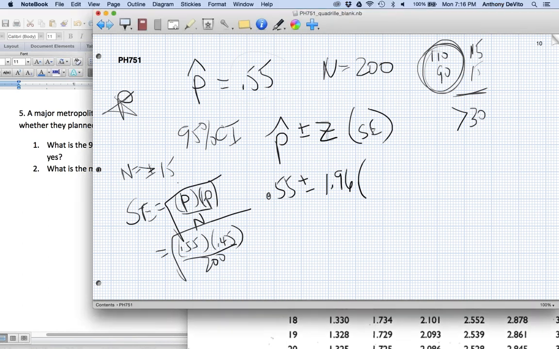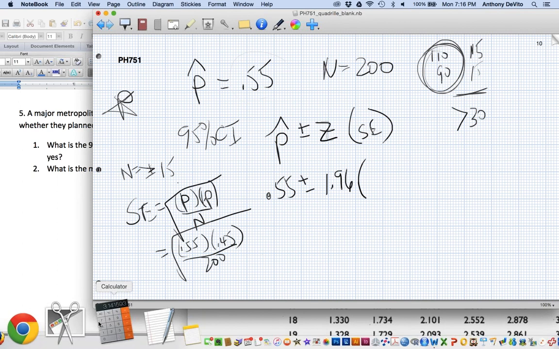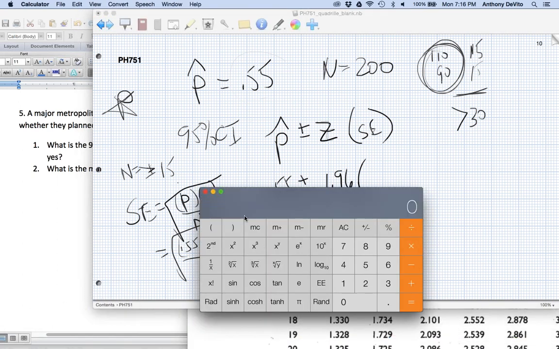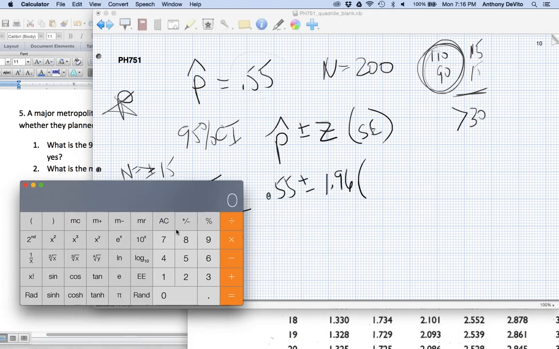Okay, so let's see what this is going to wind up being. Let's get our calculator up. Let me clear everything out over here, memory and all this other stuff. 0.55 times 0.45 is equal to 0.2475, divided by the sample size of 200, is equal to this.